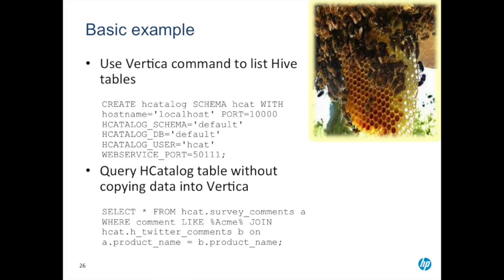So the file format changes, and you just remap the file to the virtual table. Once you've defined the Vertica external schema pointing to the HCatalog, you can interact with that Hive table just by using regular SQL statements. So the idea here is that now you've got this external schema, you're connecting in, and it's allowing you to use what you've built in Hive to really start to analyze the data using Vertica.